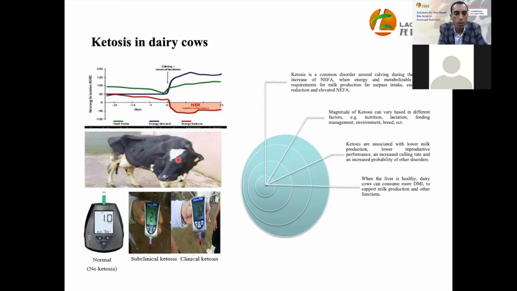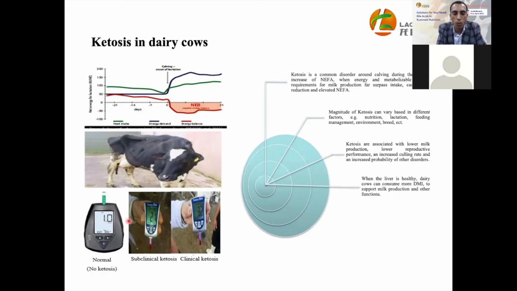This is an example of a cow with ketosis. This cow, when ketosis was measured at 2.1, is in subclinical ketosis. Ketosis is categorized into levels: subclinical ketosis and clinical ketosis. Less than 1.2 millimole per liter is a normal level, and the cow is normal with no incidence of ketosis.